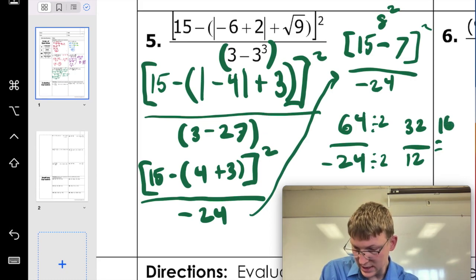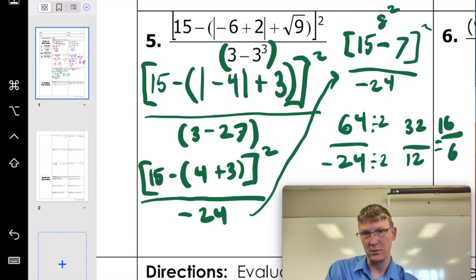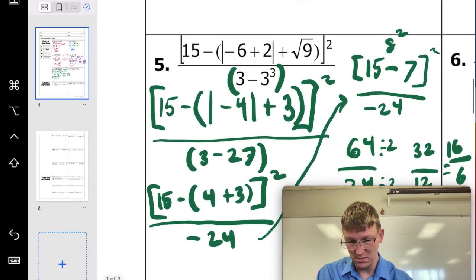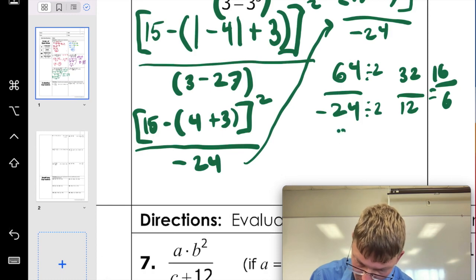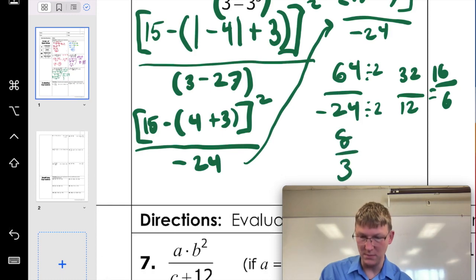So 16 times 2 is going to be 32. And then pull the 2 out of 12, so that's 6. Can pull another 2 out of it. So then that's going to be 8 over 3.